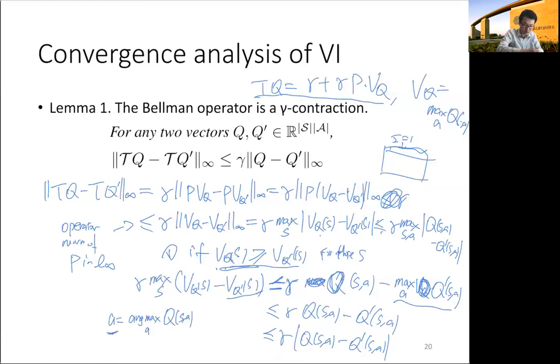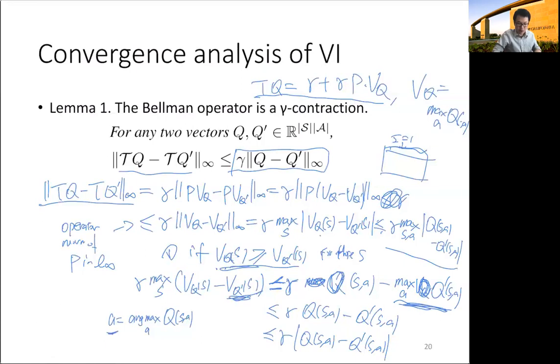The left hand side is here, and the right hand side is gamma, and by definition recovers the right hand side of this inequality. Yeah, I hope it was clear, right? I didn't explain this part well initially, but this is by simply applying the definition of VQ prime.